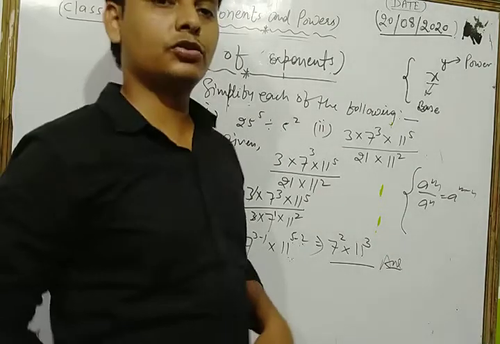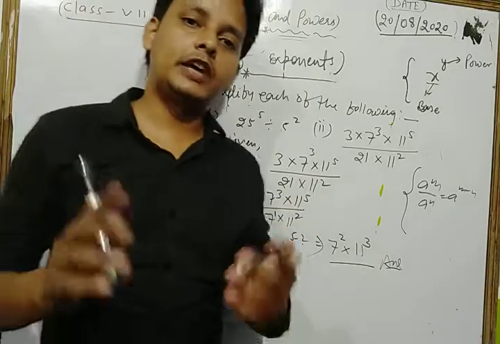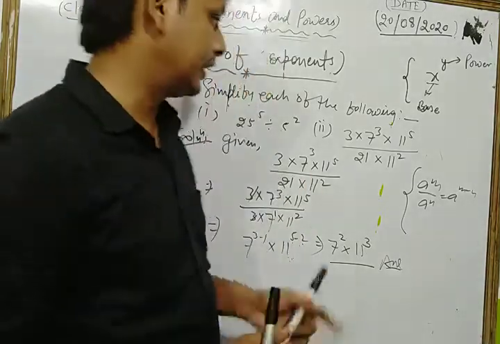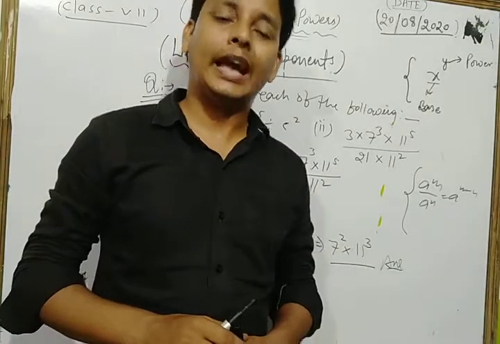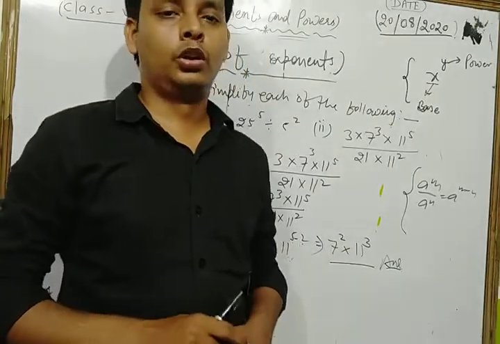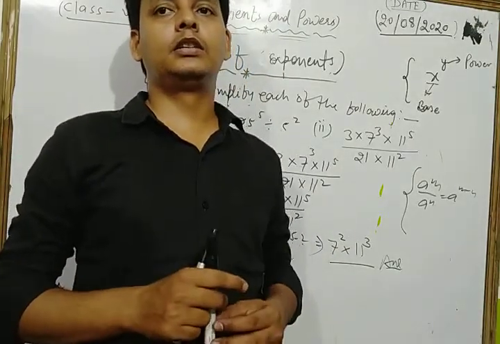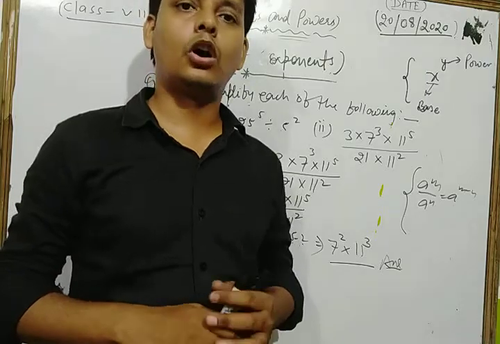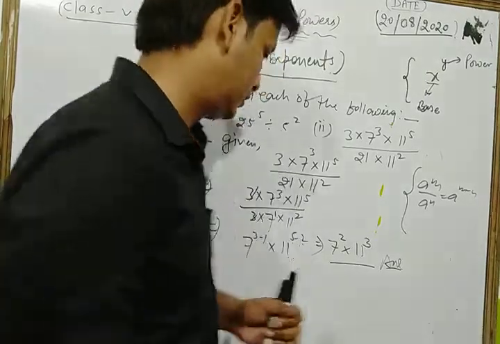So dear students, you can solve each and every question of your NCERT exercise based on the law of exponents. Now we discuss some more important concepts of the law of exponents.